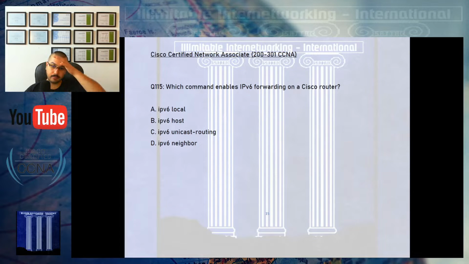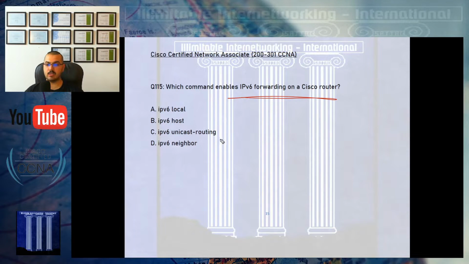115 will be, which command enables IPv6 forwarding on a Cisco router. I had an IPv6 static route lab back in chapter 3. So for my routers, in order to enable IPv6 routing, I entered the command ipv6 unicast-routing first, and then I configured the IPv6 static route in order for the IPv6 addresses and protocols to start forwarding and be installed in the routing table.